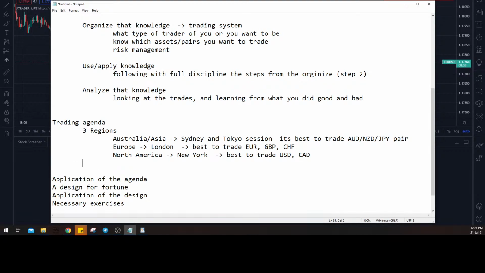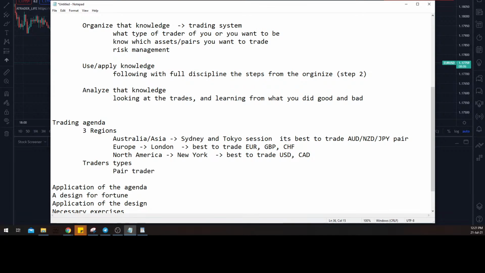Now in terms of the trader types, I know that we have the typical day trader, scalper and so on, but in this case I'm going to put another type. So we are going to have a pair trader. This one is going to trade, for example, 1 to 4 pairs. Then we have the pattern trader.